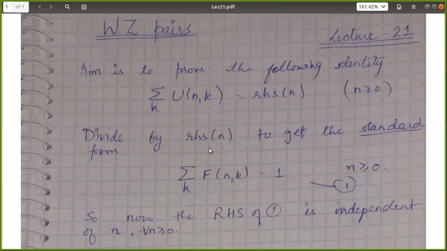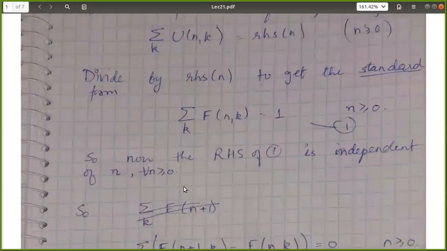Now, since this summation runs over all the values of k, I could start with f(n,k+1) and then sum it over k, and still get the answer 1. Or if I keep it k and sum over k, still I will get the answer 1.